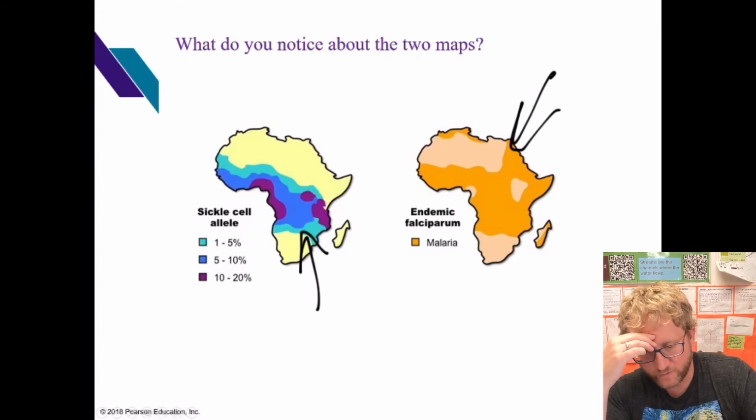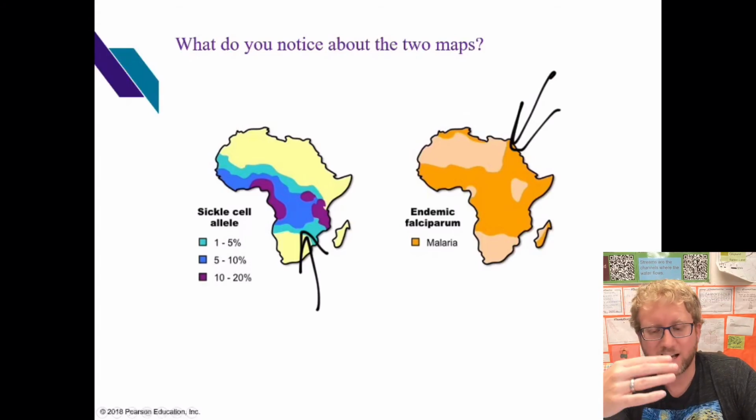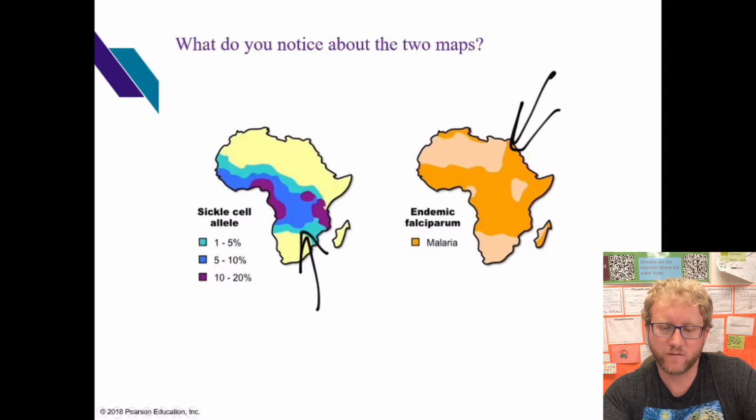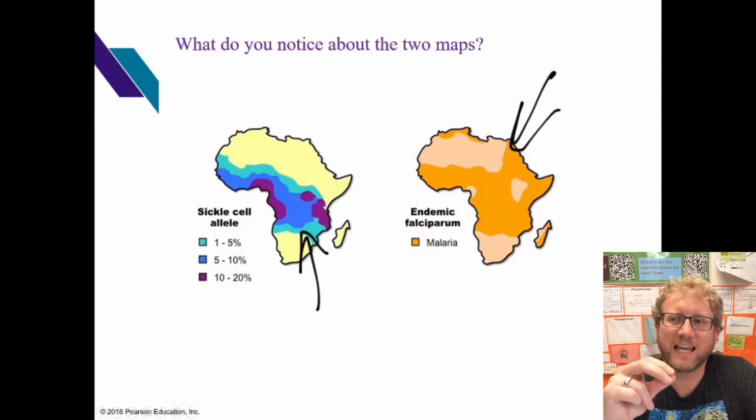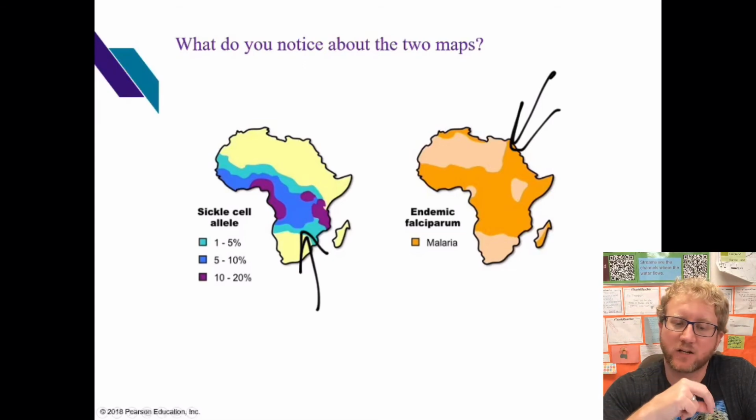The prevalence of sickle cell anemia lines up with the distribution of the malaria-carrying mosquito. And basically what ends up happening is the malaria parasite cannot feed on the red blood cells. Malaria is bad because the parasite feeds off your red blood cells. The parasite cannot feed on these sickle cell red blood cells.